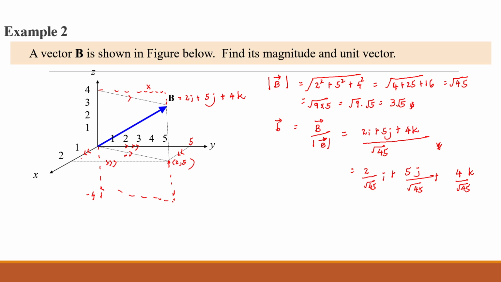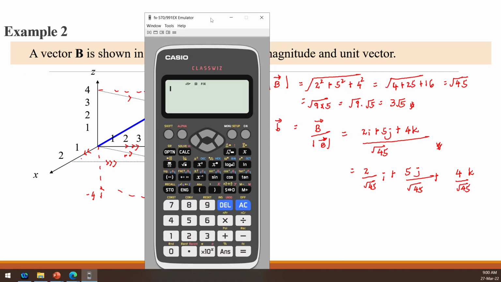Or you may use your calculator to simplify. You put the root of 2 squared plus 5 squared plus 4 squared. The calculator straight away gives you the simplified form 3 root 5. If you solve manually, you may leave this one or you want this one, but the calculator straight away gives you the simplest form 3 root 5.